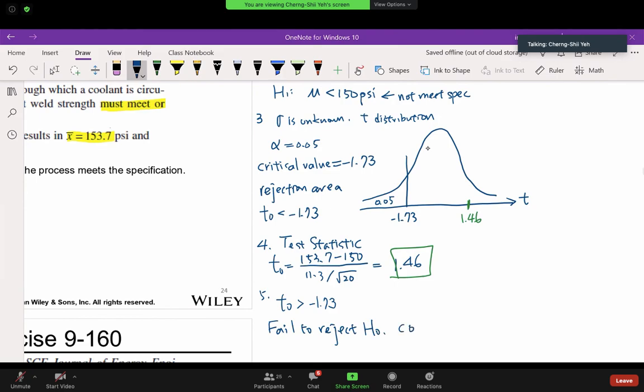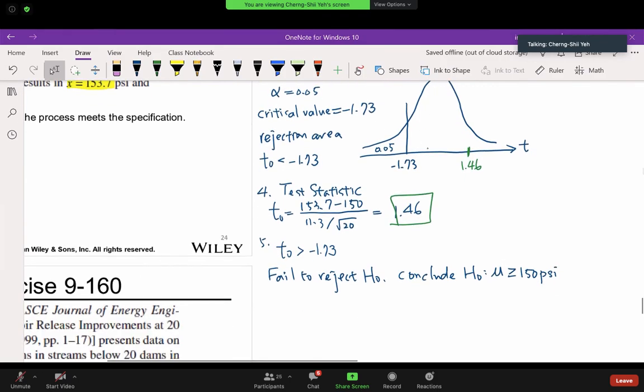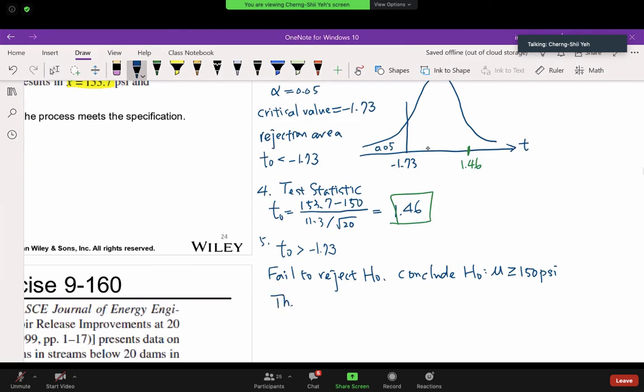In other words, we conclude the null hypothesis that our current process, the welding strength, is greater than or equal to 150 psi. Okay, what does that mean? The current process meets the specification.